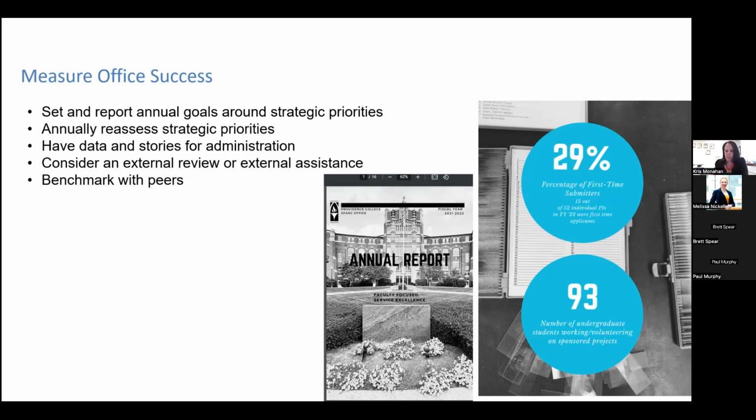I mentioned the peer review program, but there are other kinds of programs. Outside of doing your own assessment on an annual basis, you should consider occasionally getting an external review or external assistance, and benchmarking with peers. I went to my institution and said, who are our peer institutions that you would like?